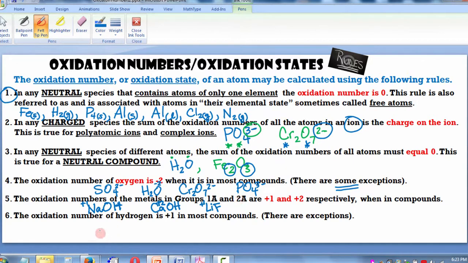Okay? Now the last rule is pretty easy to remember. The oxidation number of hydrogen in most compounds, and there are some exceptions, but for the most part, the oxidation number of hydrogen would be +1.